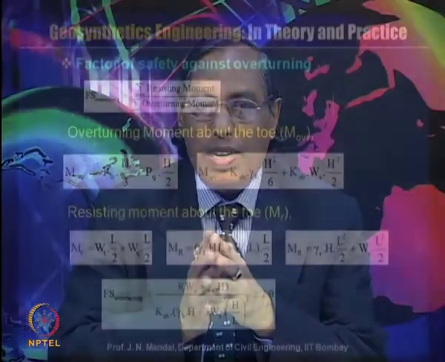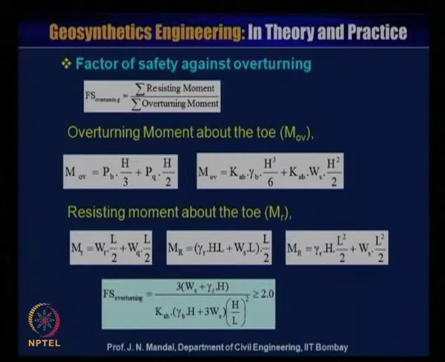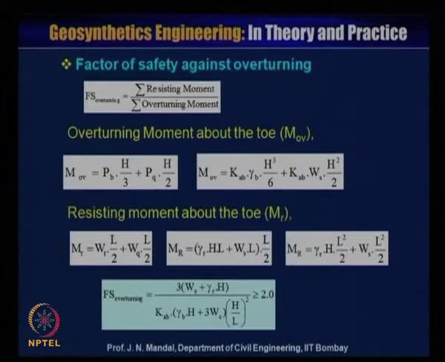Now, we will discuss the factor of safety against overturning. The factor of safety against overturning is equal to the summation of the resisting moment divided by the summation of the overturning moment. Now, what is the overturning moment? It is about the toe, so you have to take the moment at the toe.